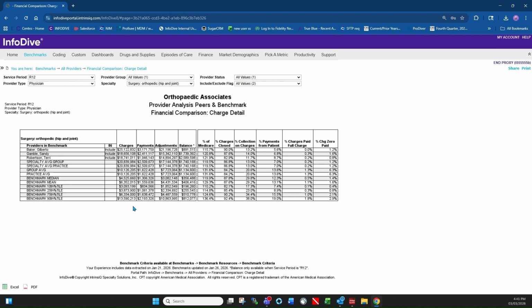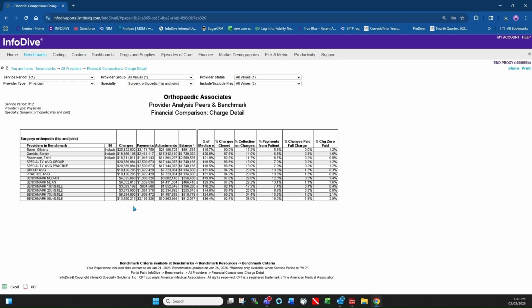So a really great report if you're going to compare that percent of Medicare across the board, or if you're going to do any type of calculation when it comes to their charge amounts per year. Now, you can filter this down to different service periods.